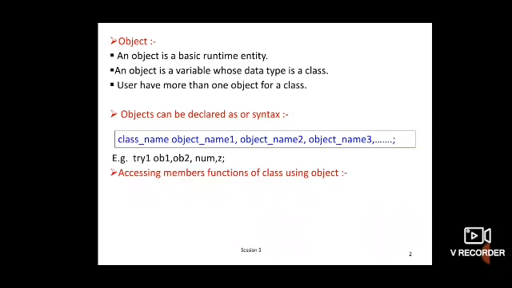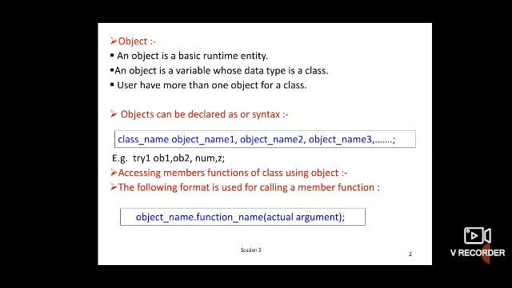Now, accessing member functions of a class using an object. Whatever member functions are declared in the class, how do we access them using an object? We have seen how to declare an object; now see how to invoke the member function declared in the class. See the syntax: object name, dot, function name, in brackets the actual argument. Object name means the object name declared in the main program. Then the dot is an operator, and this is very important.